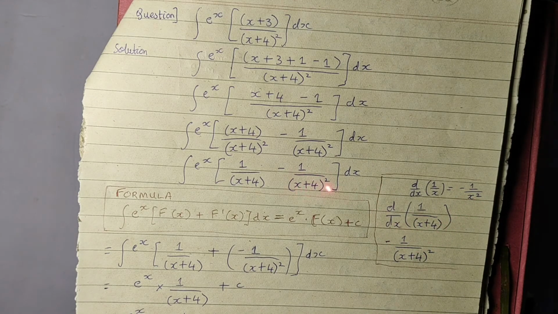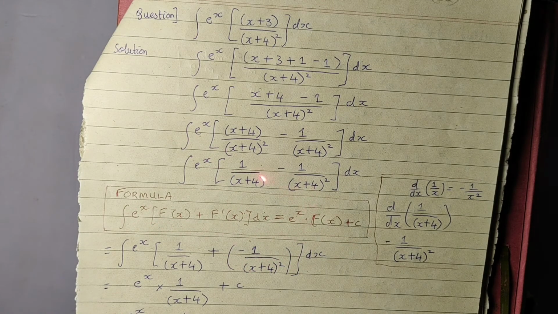Instead of x, you will be putting x plus 4 the whole square. So you can see if this is f of x, then this has to be f dash of x. According to this formula, you will get the answer is the same, e raised to x, f of x, this function, plus c. So this formula has reduced this sum into only one step, you can see.